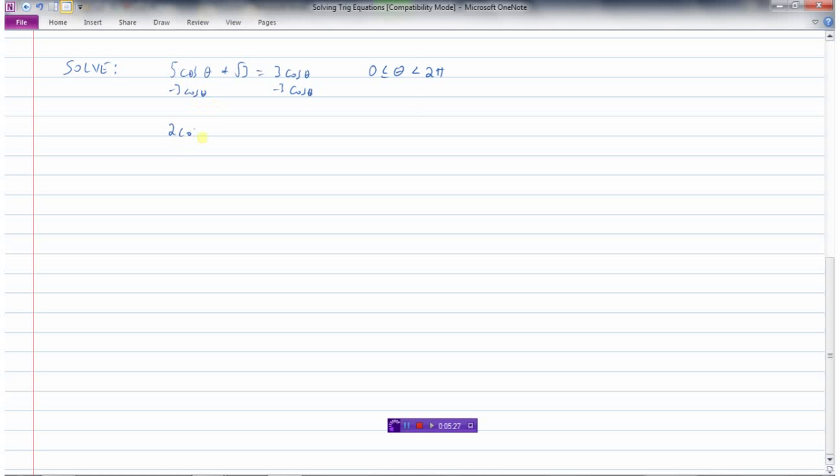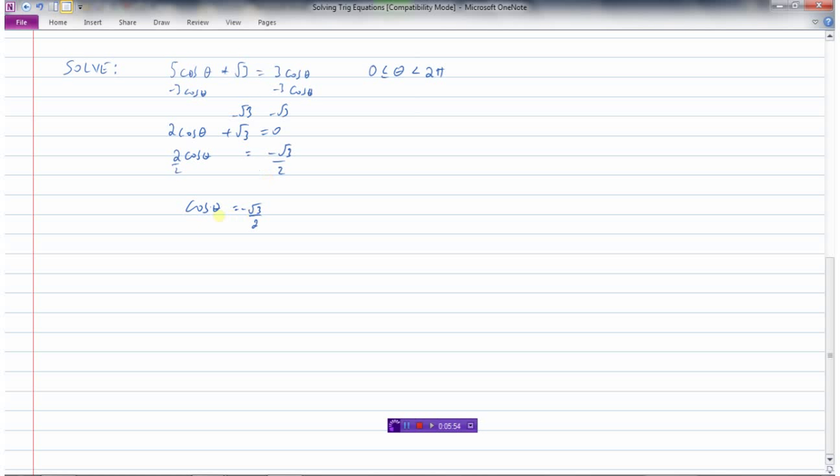So that's 2 cos theta plus the square root of 3 equals 0. Then we could minus root 3, and finally we can divide by 2 to isolate cos theta. So that part's very similar to solving equations from the past.